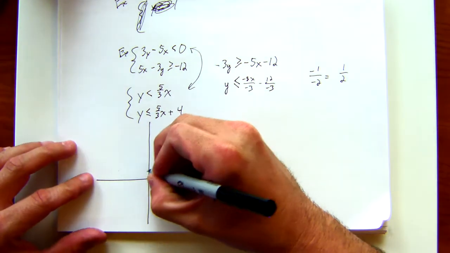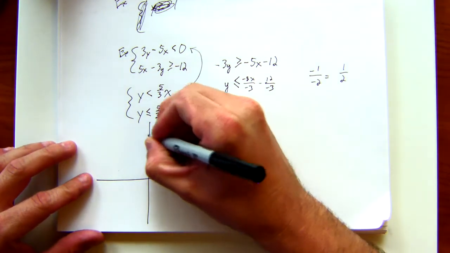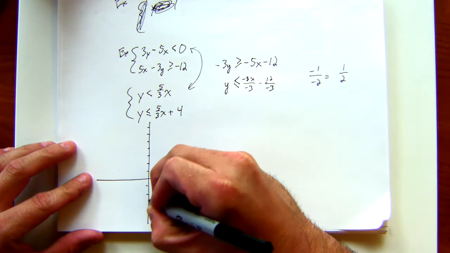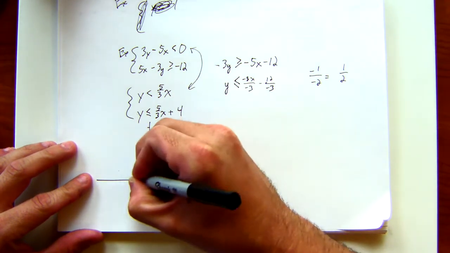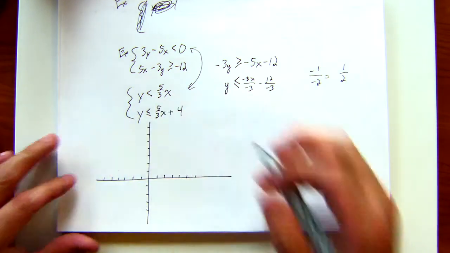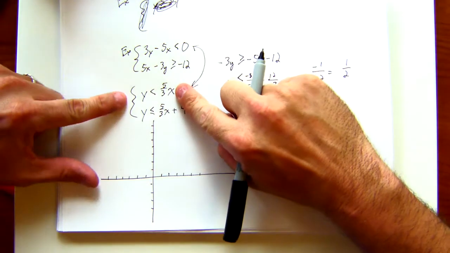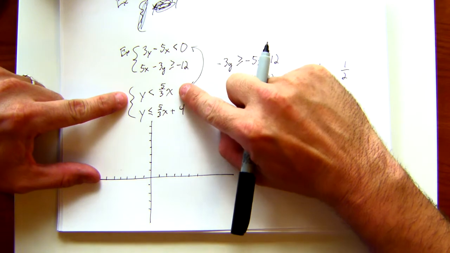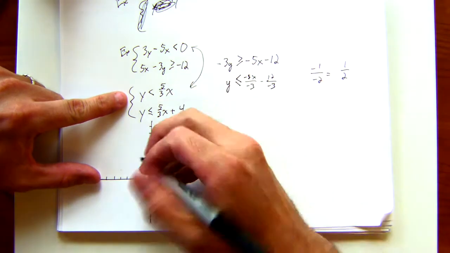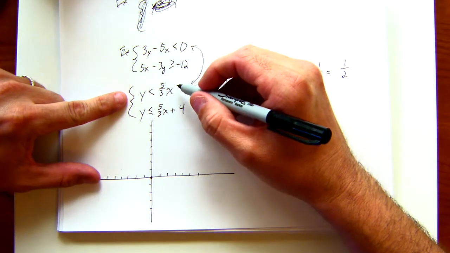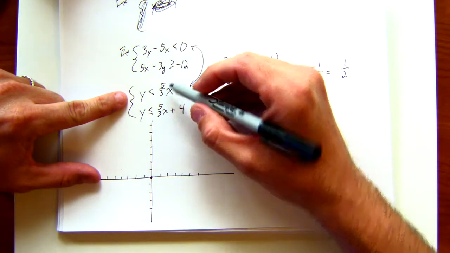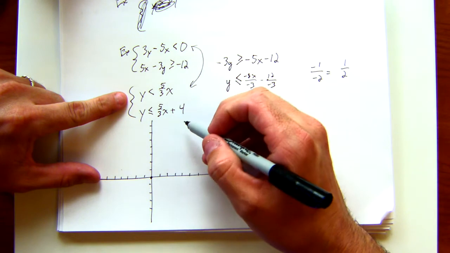All right. 1, 2, 3, 4, 5, 6, 7. 1, 2, 3, 4, 1, 2, 3, 4. This line, what's my intercept? 0. So it is going to be at the origin. What's my slope? So I'll go up 5 and over 3.